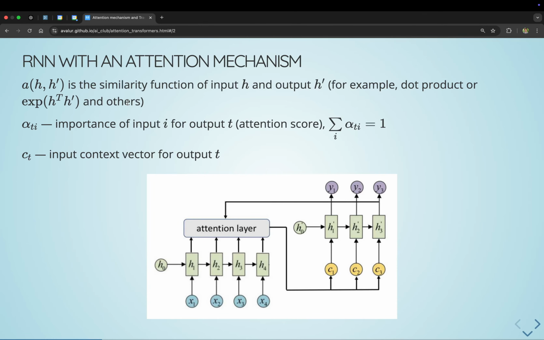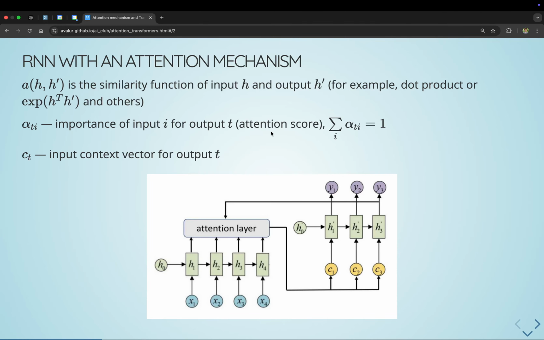Then, if you have the similarity for each pair of vectors, for vectors h i from the input and h prime t from the output, you can calculate the relative score, which is the attention score.